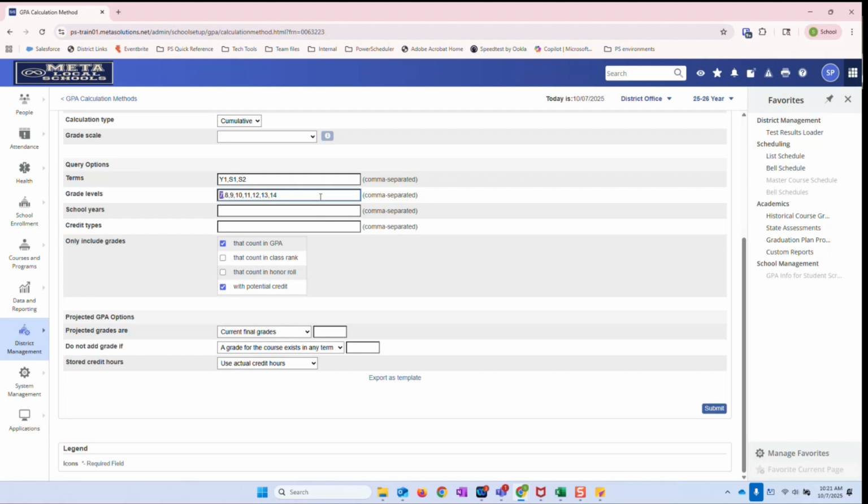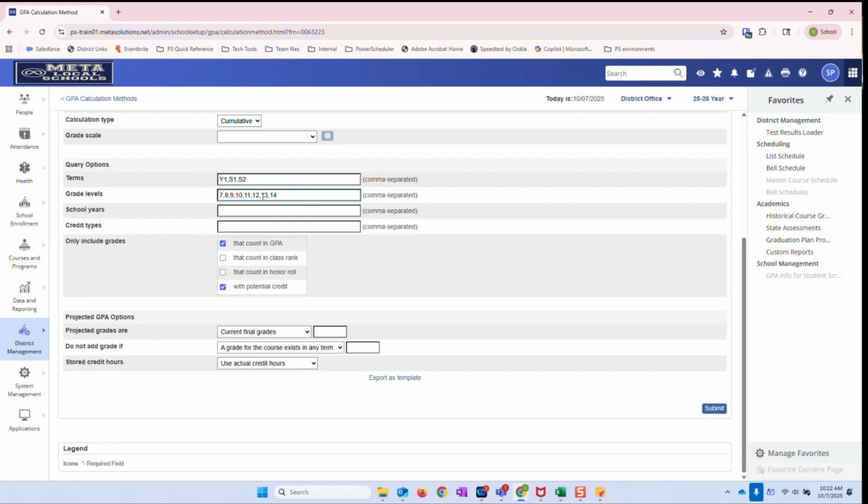Think of younger students who take algebra or another advanced math class, or middle school students that complete their PE, health, or fine art credit in their 7th or 8th grade year for high school credit. If you want those to calculate into their high school cumulative GPA, you have to account for that in the grade levels, because once you start calling out any grade levels here, it's only going to pull their grades from that specific grade level. On every stored grade is the student's grade level in which they took that course or earned that stored grade. So that's important to take into consideration.